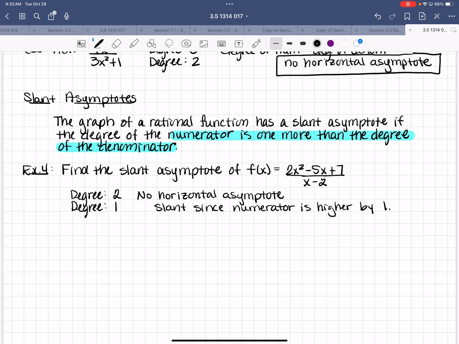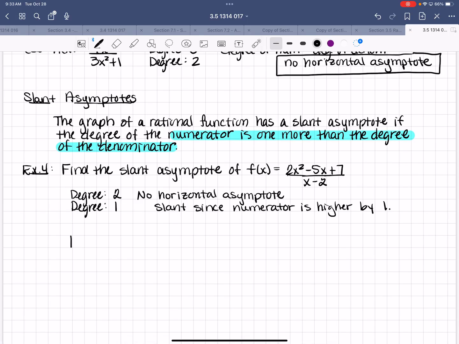And here's how we do that. You start off, you use synthetic division. Or you can use long division. If you would rather divide them out by long division, saying x minus 2 into 2x squared minus 5x plus 7, you can. I'm going to use synthetic division here because it's easier, it's quicker.